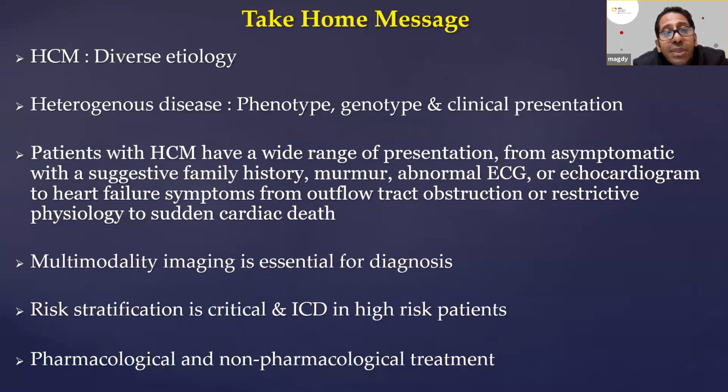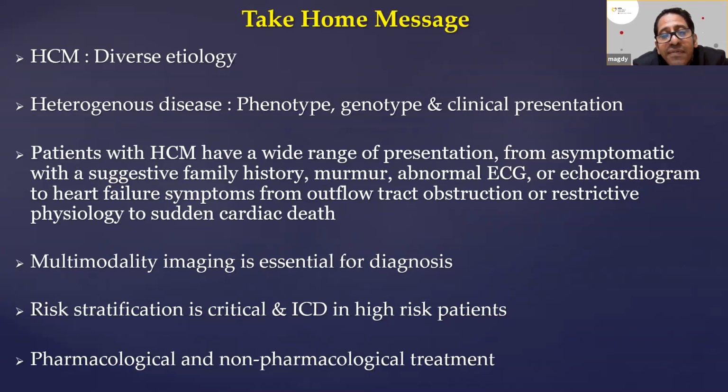So you have to consider that it is a disease of wide range of presentations, from asymptomatic status to positive family history, the presence of murmur, abnormal ECG, echo, heart failure symptoms, symptoms of obstruction, or sudden cardiac death.